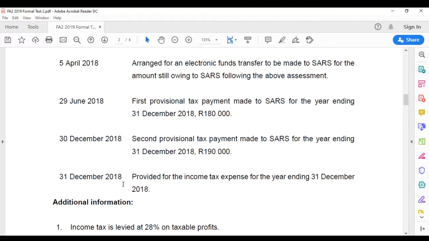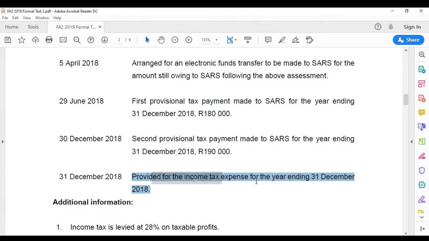So here they say on the 31st of December, this probably actually takes place in January, but you haven't closed off your books. You can still backdate it to the 31st of December. So you're going to record it as at the 31st of December. They say you provided for the income tax expense for the year ending the 31st of December 2018, right?